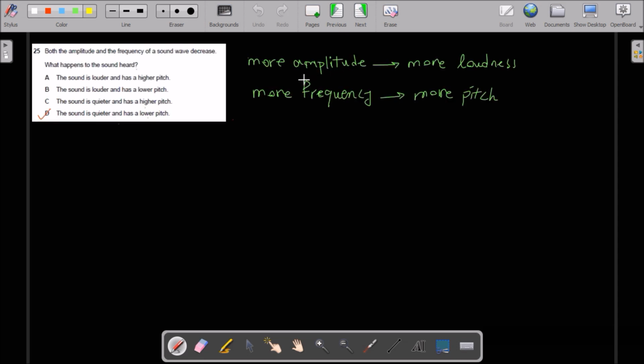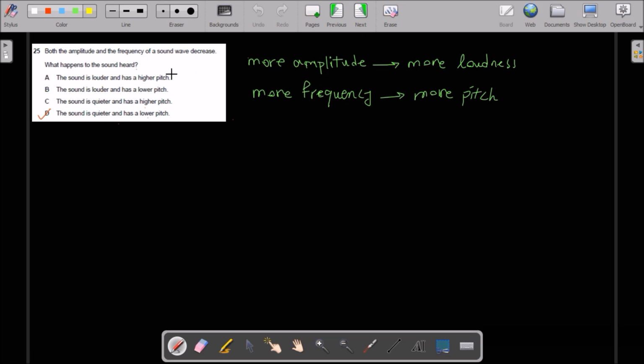Question 25. We know that in music, more amplitude means more loudness. So less amplitude, less loudness, or quieter. More frequency means higher pitch. So less frequency means lower pitch. For question 25, it is said both the amplitude and the frequency of a sound wave decrease.